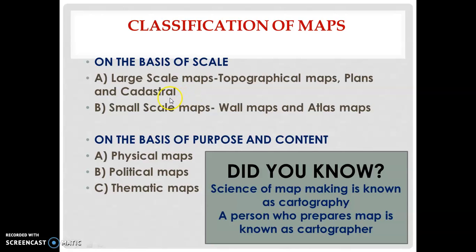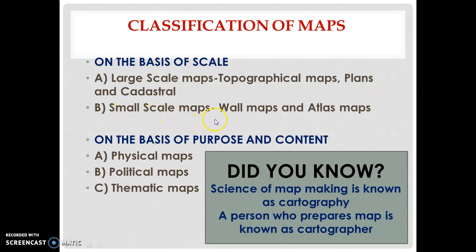Cadastral is also a large-scale map showing the boundaries of subdivisions of land, usually with the directions and lengths. We can say property dealers use cadastrals. So a cadastral map shows the towns, the plan of a town, plan of a sector, etc.